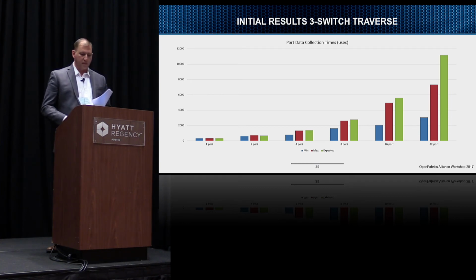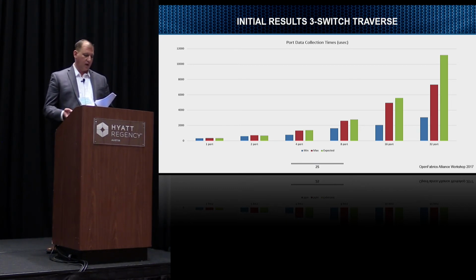It's usually a small one. So a good chunk of our time was just waiting on that to respond. We found that with one port, one switch, it was a small amount of time, about 100 microseconds. It would scale up. 4 would be 400 microseconds, for instance.